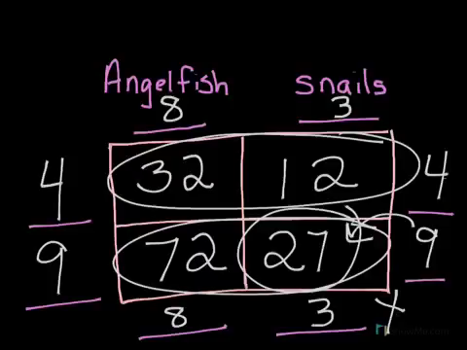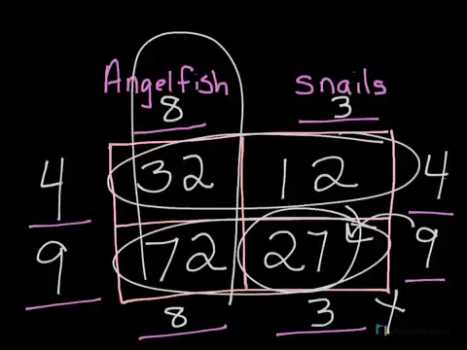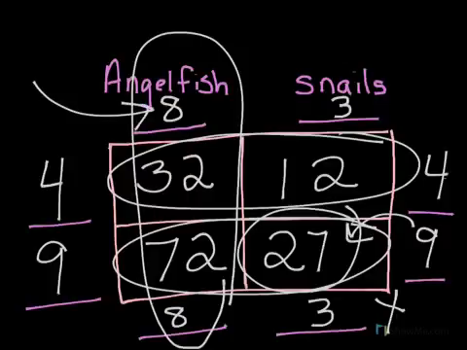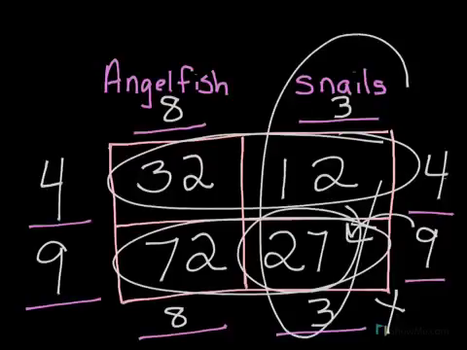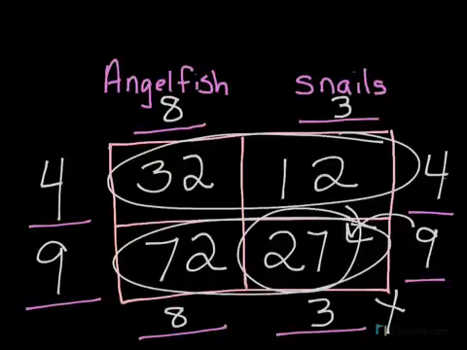The angelfish side is going to have a constant rate of 8. The snail side will always have a constant rate of 3. For every 8 angelfish there are, I'm going to have 3 snails.